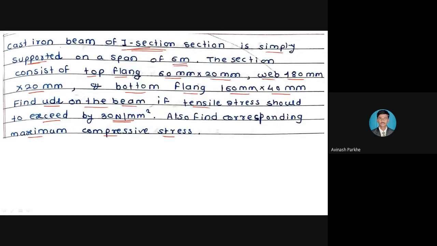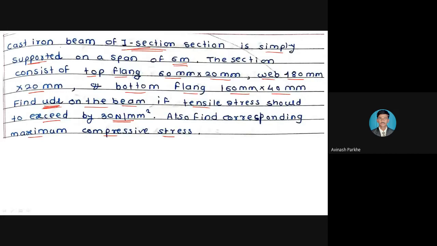This I section is of a simply supported beam having span 6 meter, and at the end they have asked to find out the UDL. That means here one standard case is there, that is a simply supported beam with UDL on the entire span. But here the magnitude of UDL we have to calculate. The magnitude of UDL is not given for the bending moment calculation.